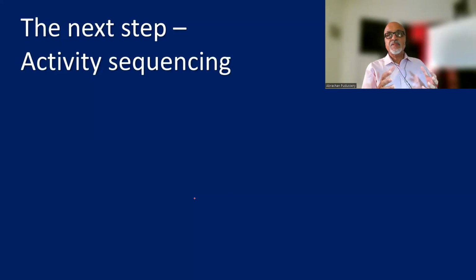The next step is activity sequencing. Based on the dependencies of the activities, we sequence them and we arrive at an activity sequence diagram, which is a very important step prior to arriving at the schedule of the project.